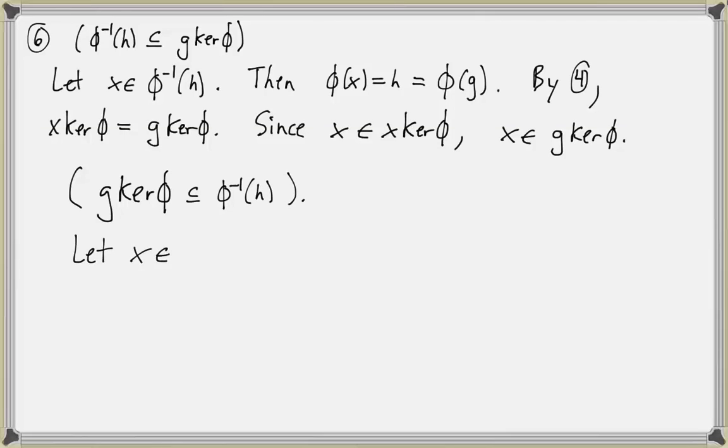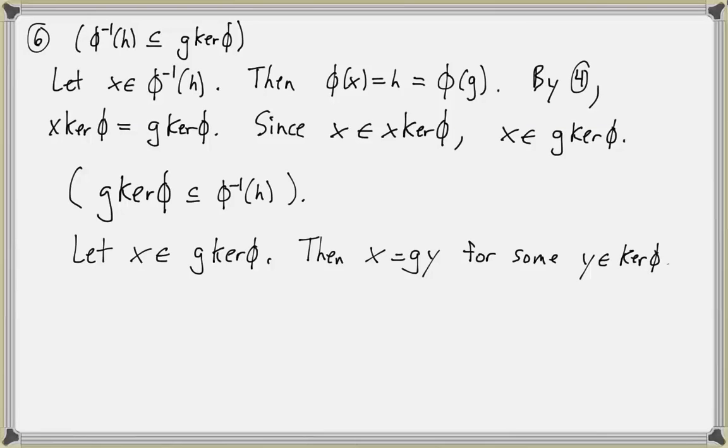So let's let X be in the coset G kernel phi. Then I can write X as G times Y for some element Y in the kernel phi. And then I need to show that phi of X equals H. So let's take phi of X, then this is equal to phi of GY.